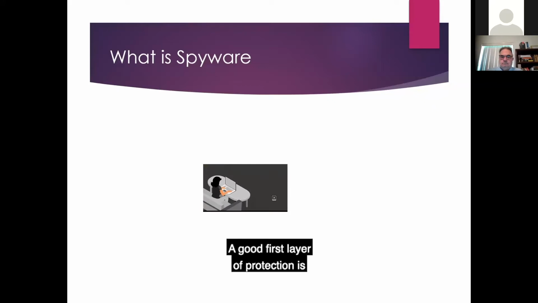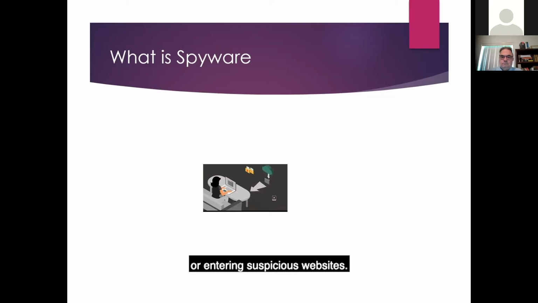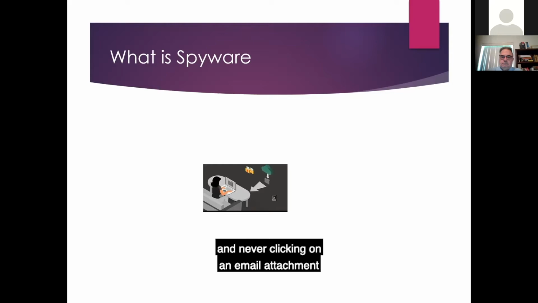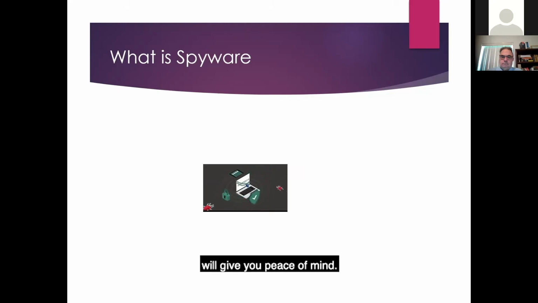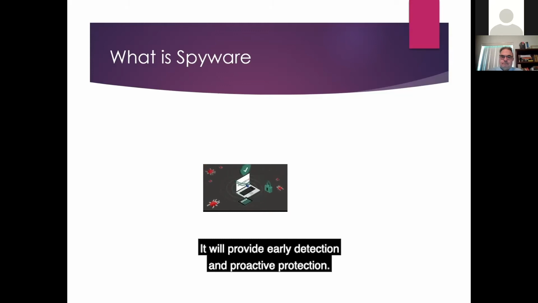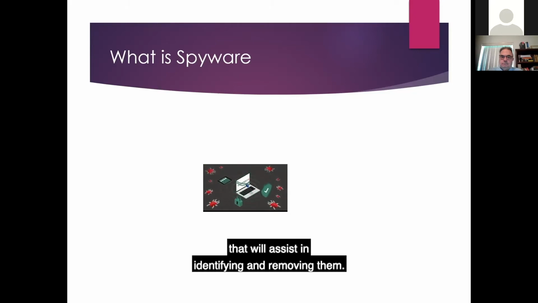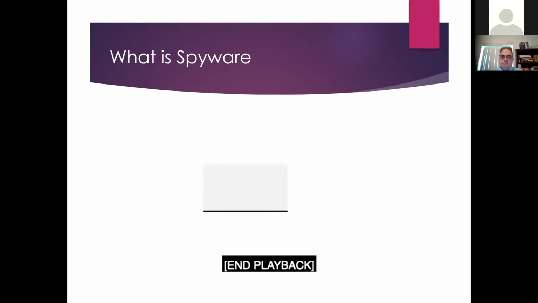A good first layer of protection is prevention through safe internet browsing practice, like not clicking on unexpected links in emails or entering suspicious websites. However, not downloading a program and never clicking on an email attachment is not always an option. That's where a trusted internet security solution will give you peace of mind. It will provide early detection and proactive protection. Additionally, for those users already infected with spyware viruses, there are spyware removal tools that will assist in identifying and removing them.